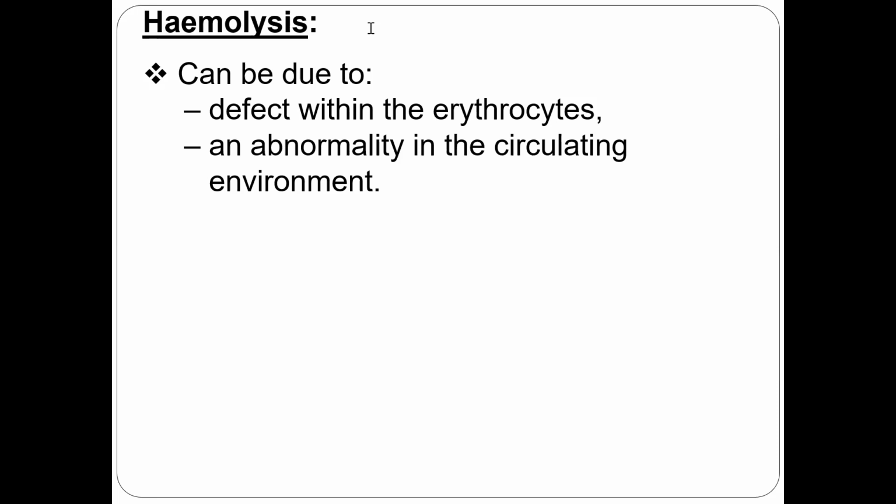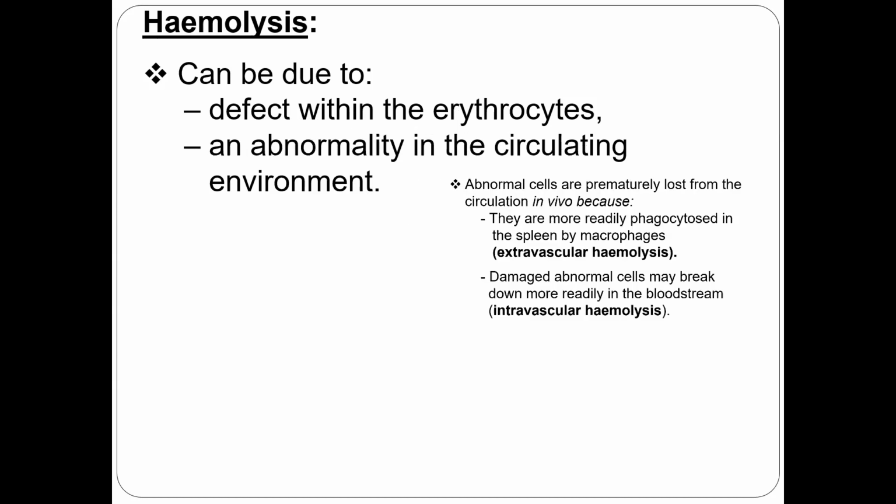Then in some cases, the red blood cells are fine. They don't have a problem, but then they hemolyze abnormally because the environment is causing that to happen. We'll look at them in detail as we go along.